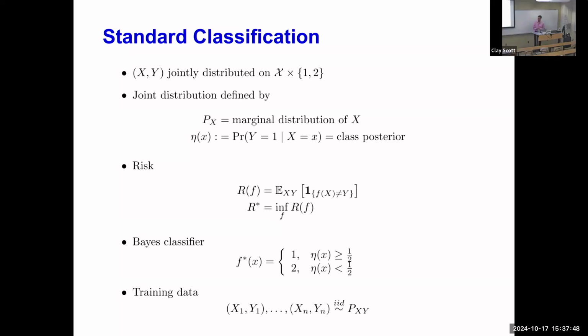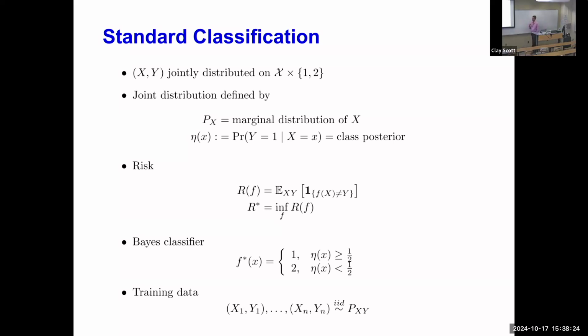Their joint distribution is characterized by the marginal distribution of X, the feature vector, and the conditional distribution of Y given X, which, because Y is binary, is determined by this conditional probability, which we call eta of X. I'll call that the class posterior, or just the posterior for short. That's in contrast to the prior, which would just be the marginal probability of Y. Here it's the probability of Y conditioned on X.